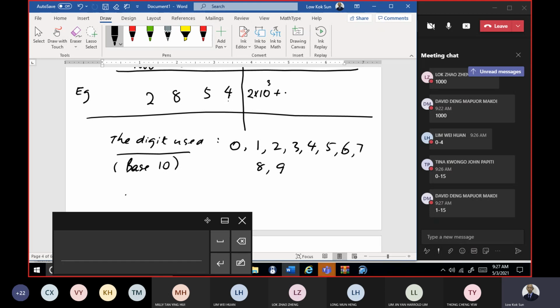And this 8 has a value of 100, so power of 2. This 5 has a value of 10. And this 4 has the unit value, so power of 0. 10 to the power of 0 is 1.